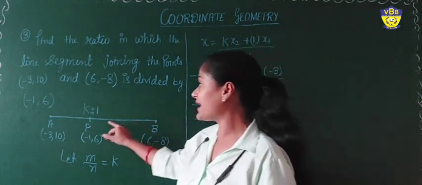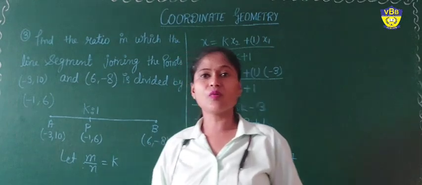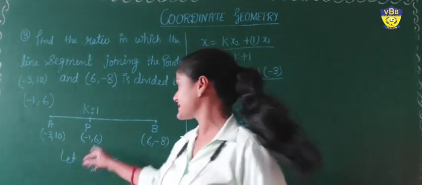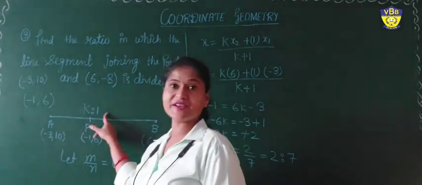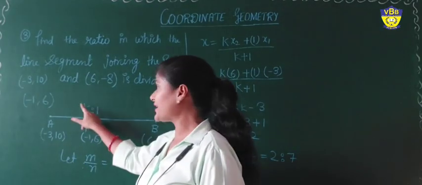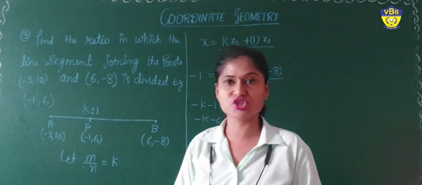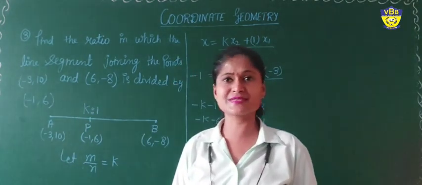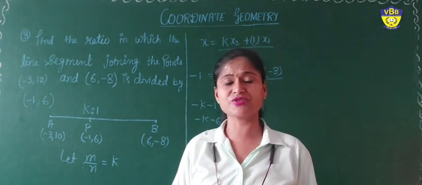The point P is also given, that is minus 1 comma 6. So you need to find the ratio. All the time we write m ratio n, but this time the teacher has written k ratio 1.